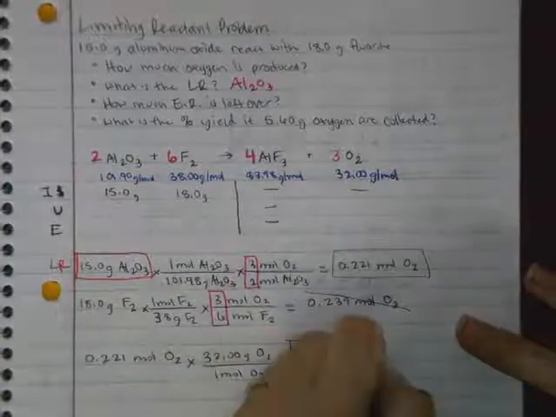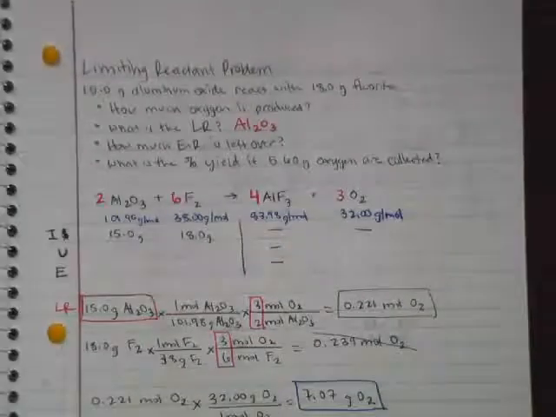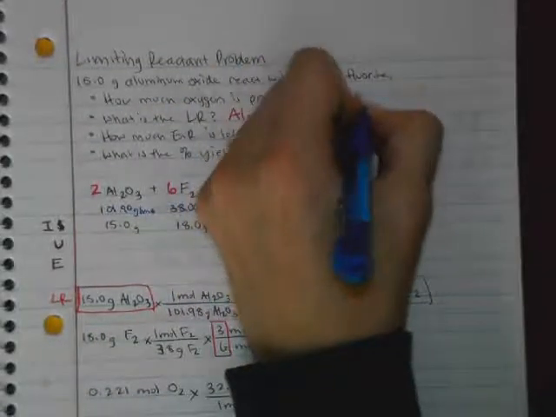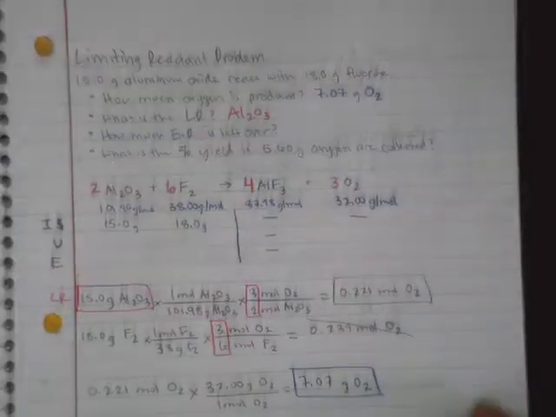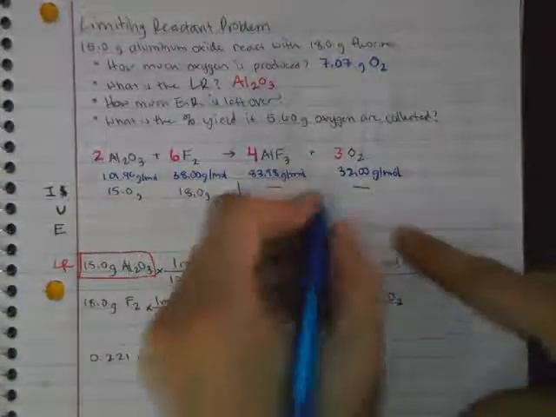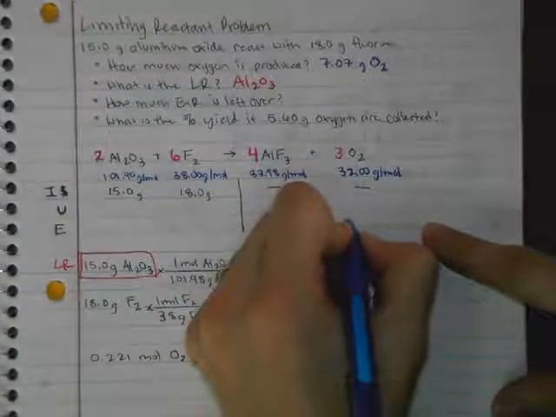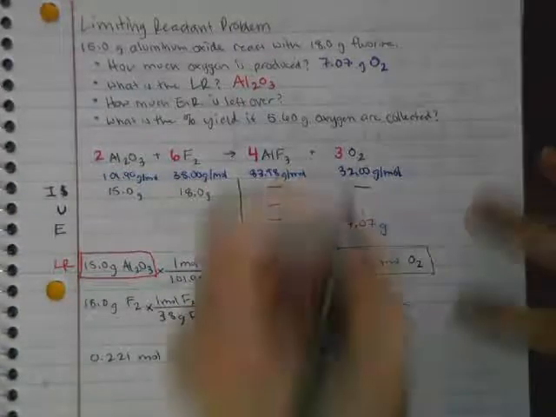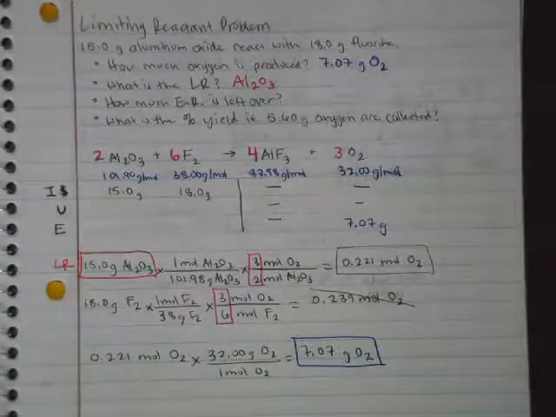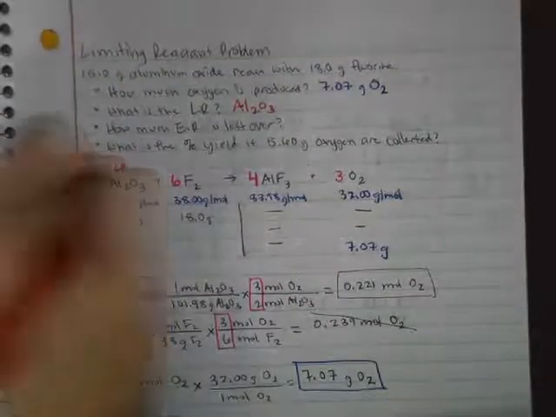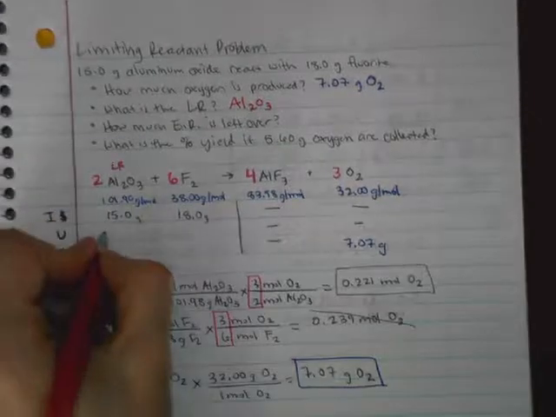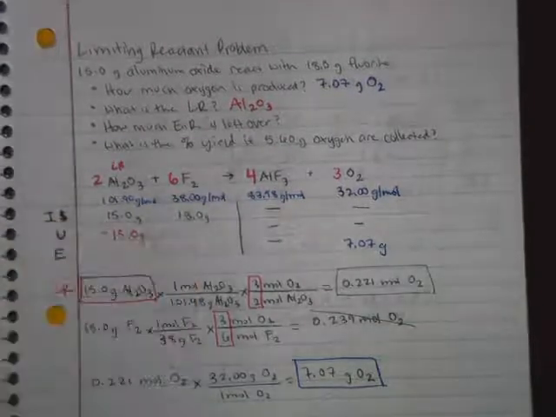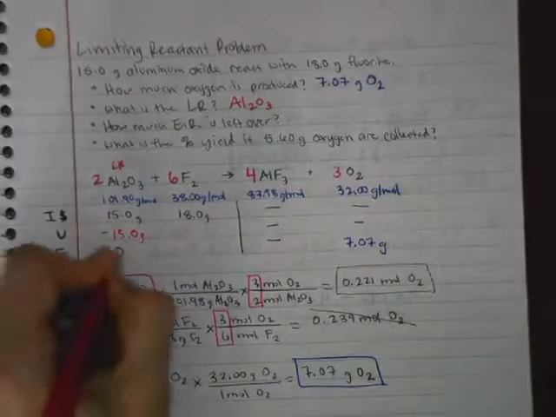So that's how much I actually made, how much oxygen I actually produced, 7.07 grams of O2. Alright, so I can fill out my chart a little bit more here. I know that I produced 7.07 grams of O2. I know that since aluminum oxide is my limiting reactant, I use up all 15 grams. So I'm going to be left with 0 at the end.